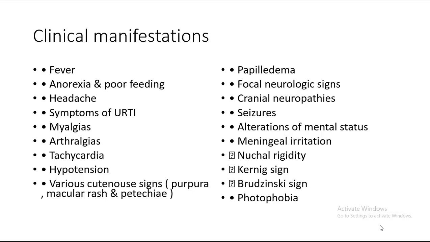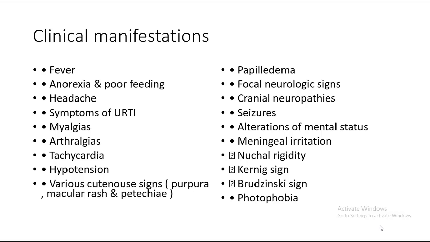Some of these clinical features cannot be expressed in all age groups. Some of these manifestations need to be expressed by a communicative child. So you need to consider this point while listening to the patients or to the parents.